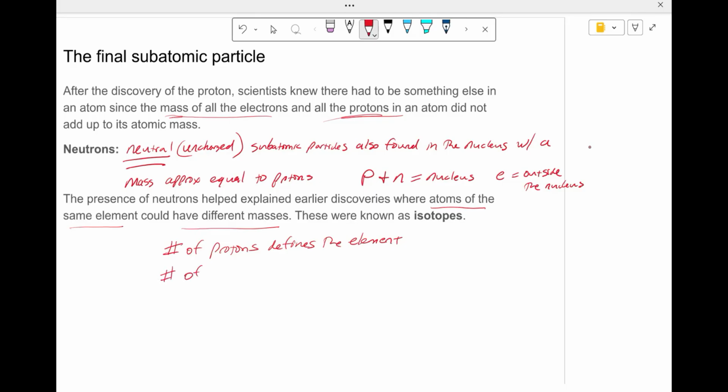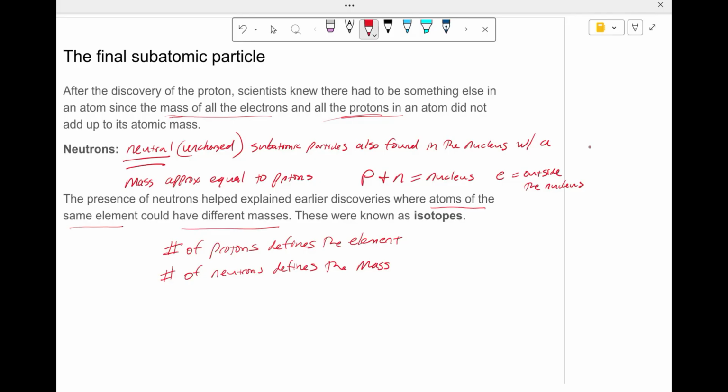The number of neutrons defines the mass of an atom. And I'll highlight this now, and then we're going to kind of come back to it a lot in our next lecture. For example, let's take the element carbon.